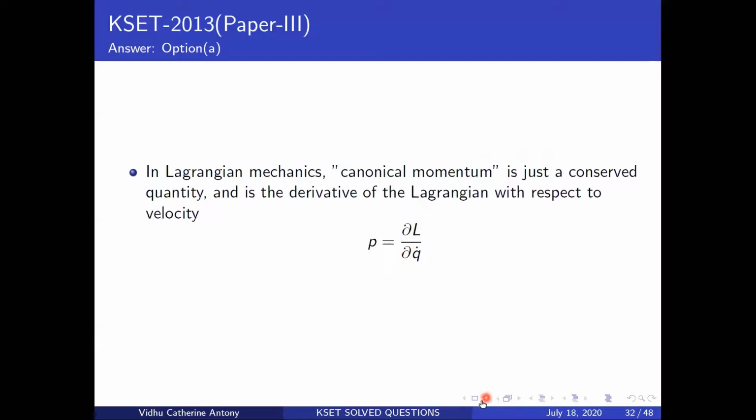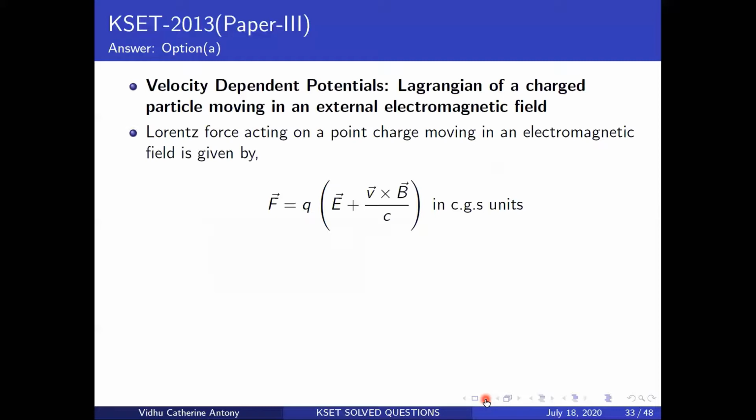I need you to look into the derivation of the Lagrangian on your own, because we're running out of time. You can look into it on your own and then get back to me if you have any issues. These are velocity dependent potentials, but beware, here you have a C. I realize that all the units in the question are in CGS, so you have to put a C here.